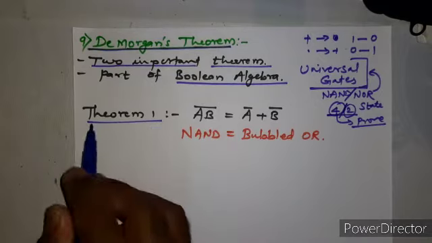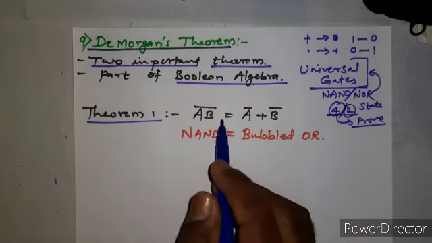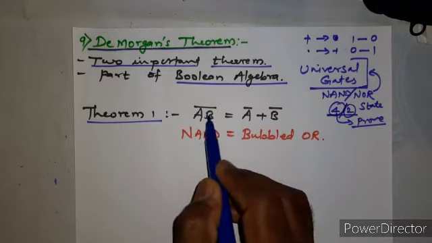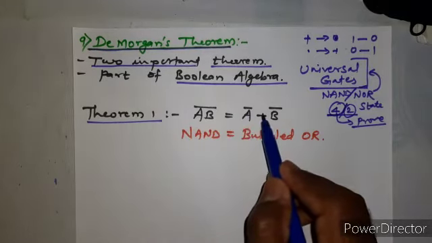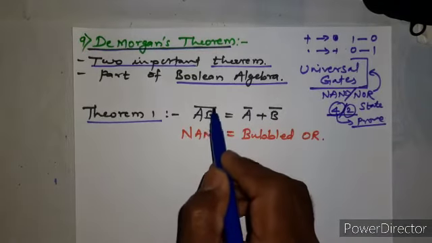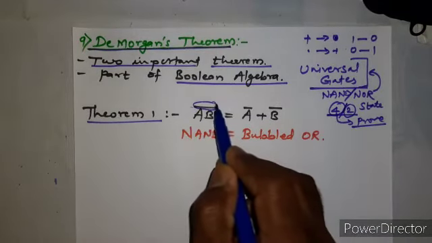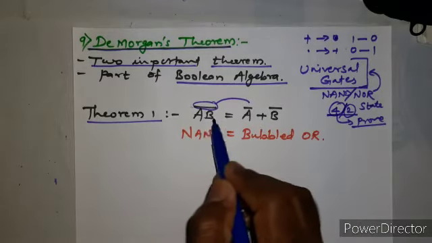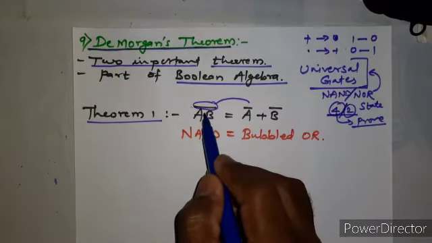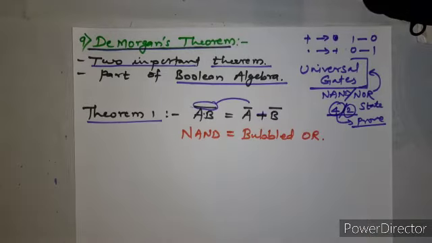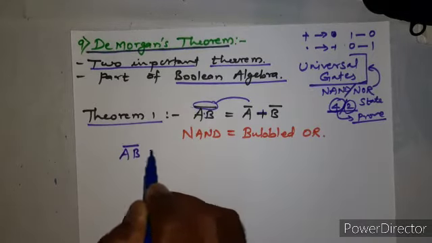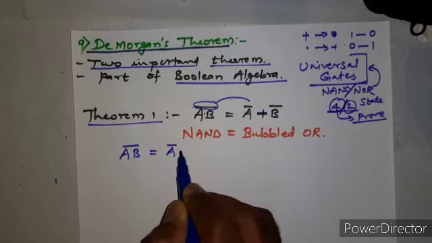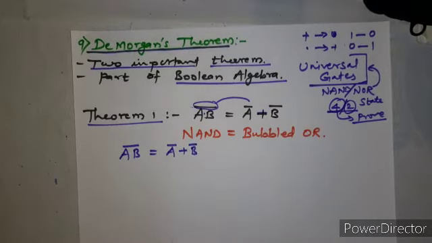So again, this theorem is very interesting and very easy. Theorem 1 states: A dot B whole bar is equal to A bar plus B bar. If you see here, the whole bar is divided into the individual variables, where the dot is replaced by plus. So I can write A B whole bar equal to A bar plus B bar.